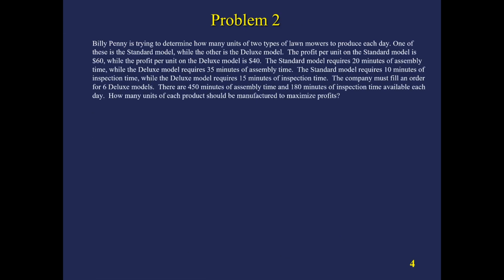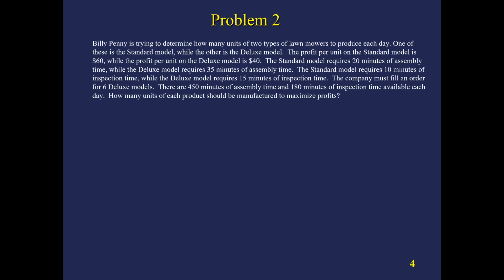Here's another problem. Let's look at this. Billy Penny is trying to determine how many units of two types of lawn mowers to produce each day. One of these is the standard model, while the other is the deluxe model. The profit per unit on the standard model is $60, while the profit per unit on the deluxe model is $40.